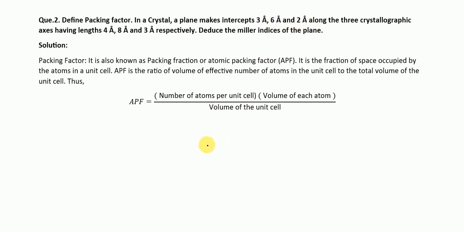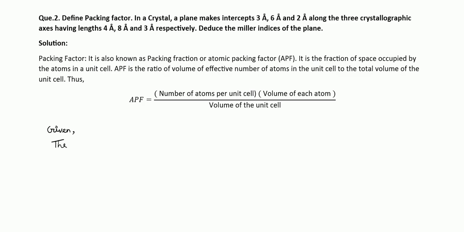So let's write it. The axial units along the 3 axes are A equals 4 Angstrom, B equals 8 Angstrom along the y-axis, and along the z-axis we have C equals 3 Angstrom.